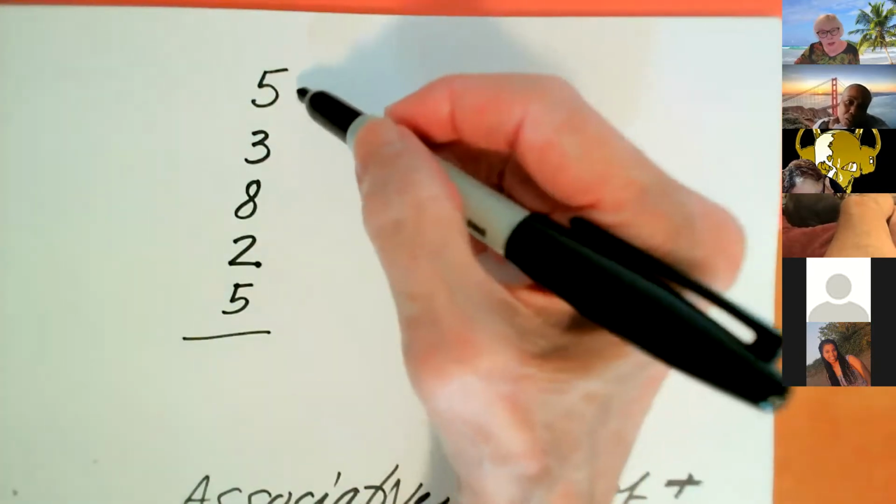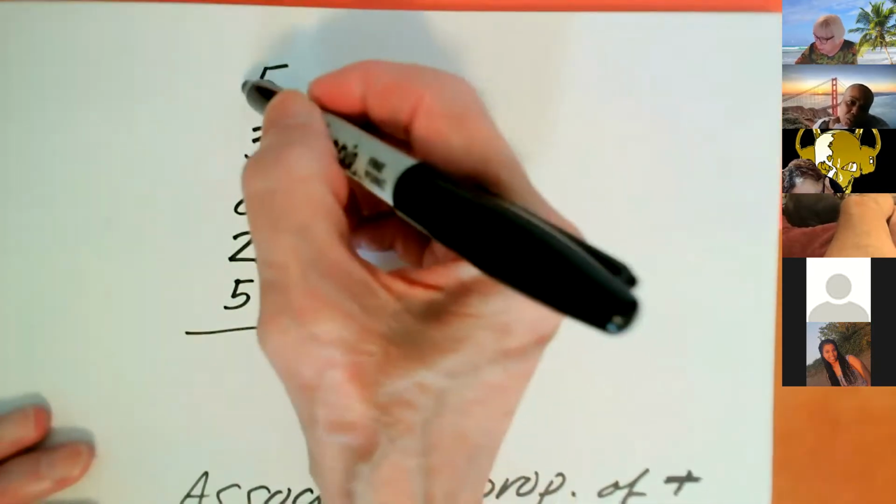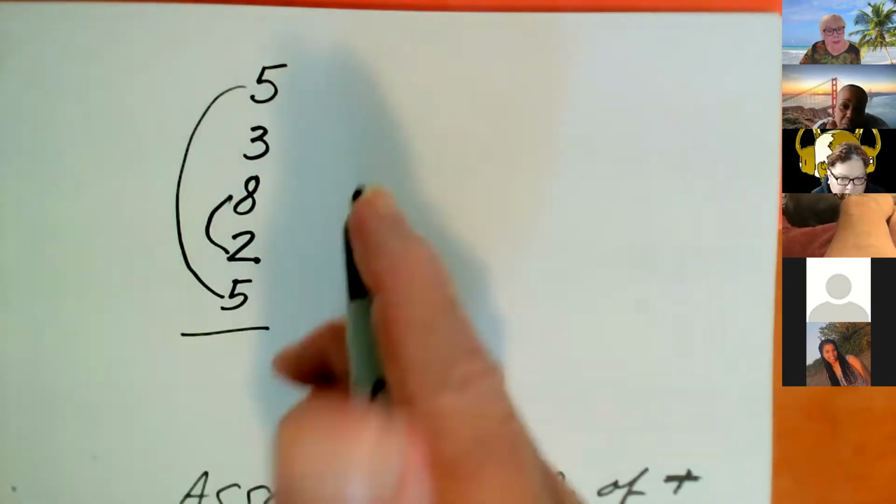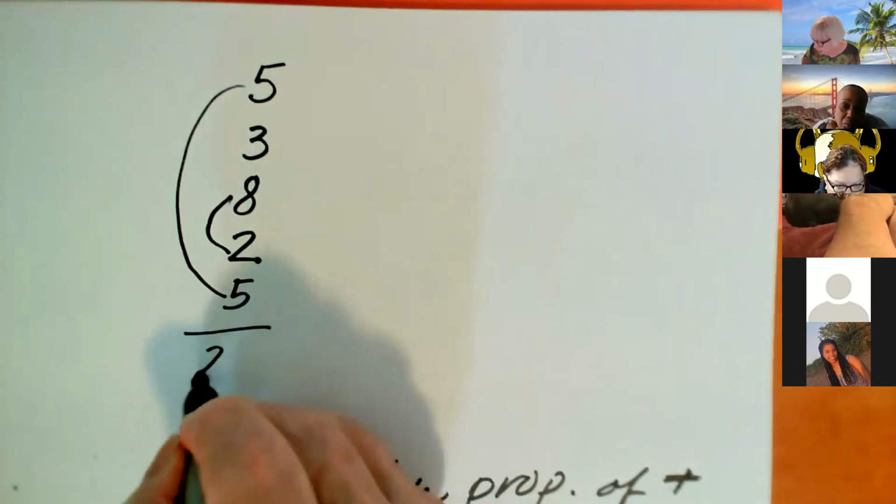I'm not going to start at the top and go down. No, no, no. I'm going to put the 5 and 5 together, make 10. I'm going to put the 8 and 2 together and make 20. See what I'm doing? I'm grouping things to suit me. And then I've got 23.